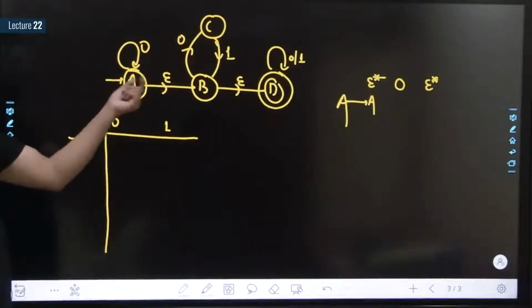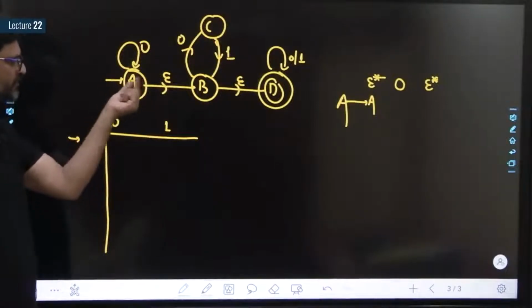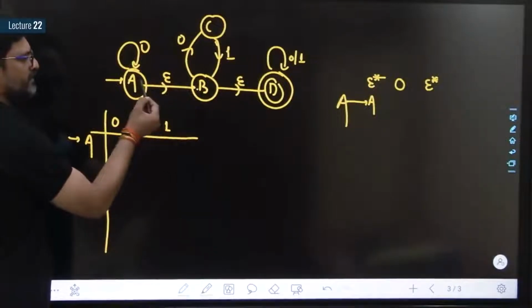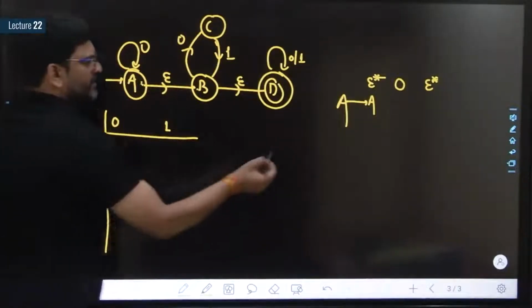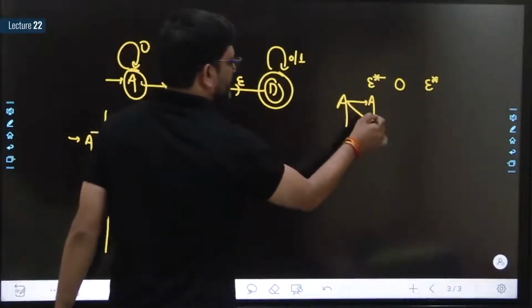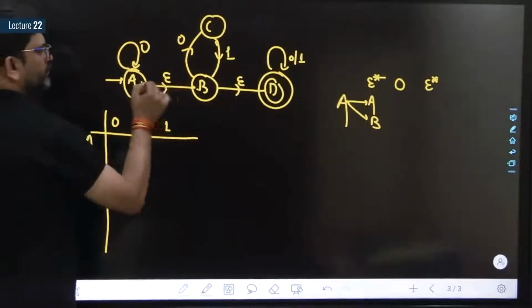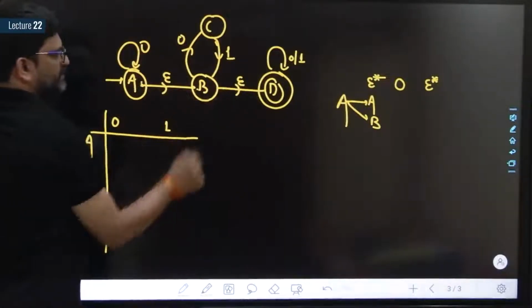And what are the other states reachable reading epsilon from A directly? B is reachable reading epsilon from A. That's why B is included in the epsilon closure of A. D is also reachable using epsilon directly.